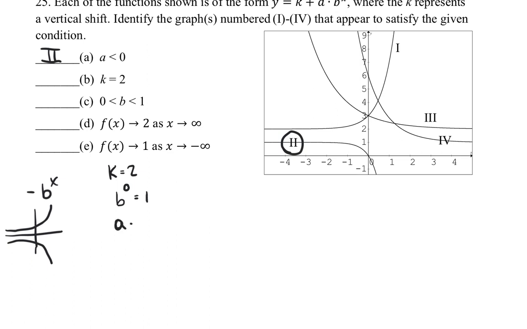So then we have A times 1, which is just equal to A. So normally, if A was 1, it would be 1 times 1 equals 1. And when we moved up 2, we would then be at 3. And this graph here has only moved up to 3. Everything else looks the same. So I'm going to say that 1 is k is equal to 2.